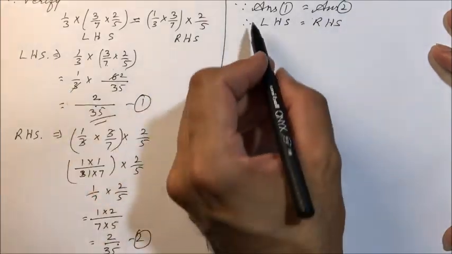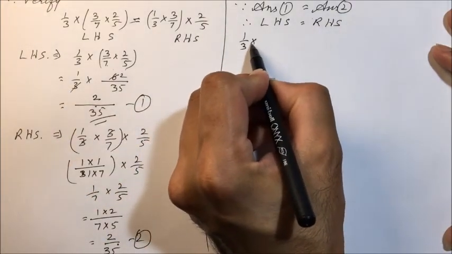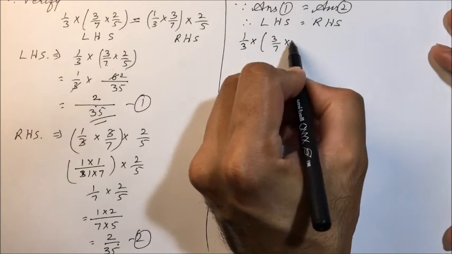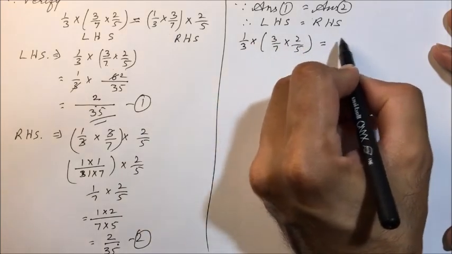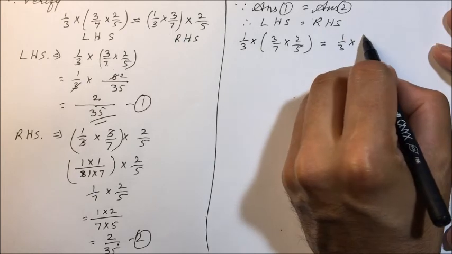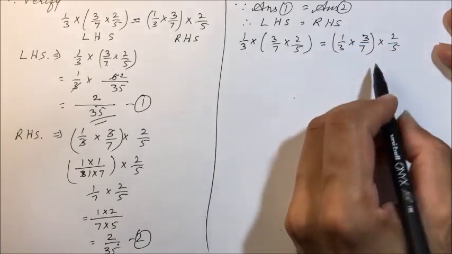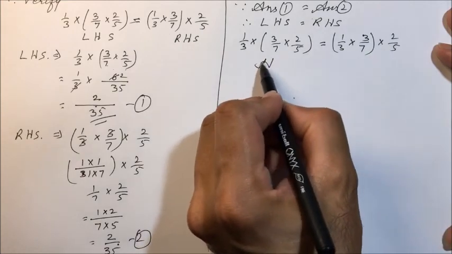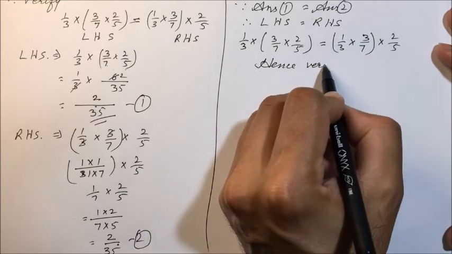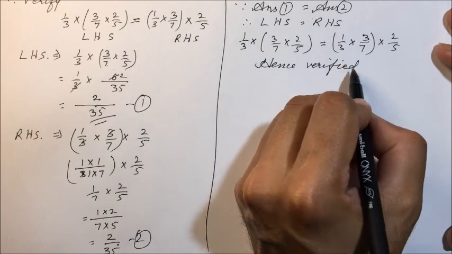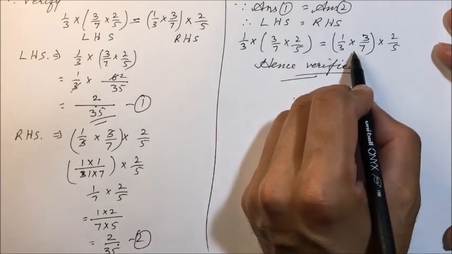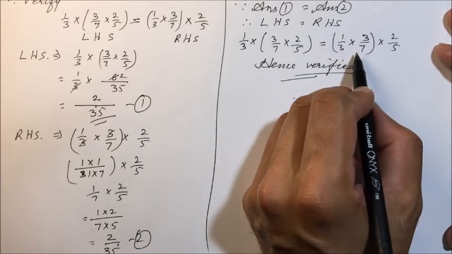And what you have verified, therefore 1 by 3 into, in bracket, 3 by 7 into 2 by 5 equal to 1 by 3 into 3 by 7 into 2 by 5. So hence verified. We have verified the associative property of multiplication of rational numbers.